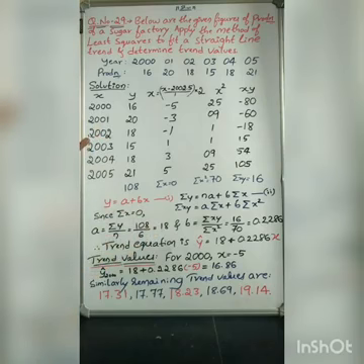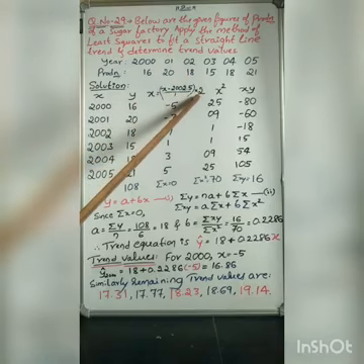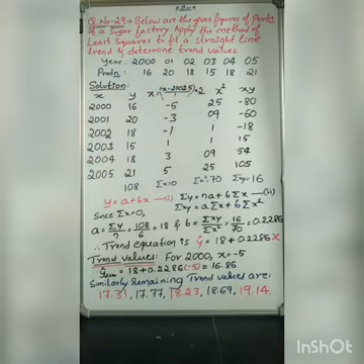Quite simple way you will be able to get all these x values by performing x minus a divided by c. Once again, to put in a nutshell, if odd number of values are given, to calculate x, you will be using x minus a divided by c. If it is given even numbers, then it will become x equal to x minus a divided by c multiplied by 2. This is the only major difference that you will come across. Hope you all have understood, students.